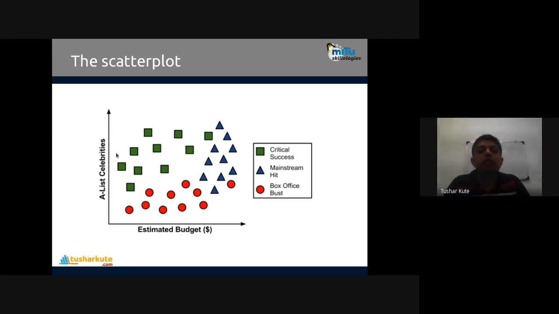I have collected data for 10 different movies of each type. You can see the green squares are critical success movies, the blue triangles are the mainstream hits, and the red circles are the box office busts.